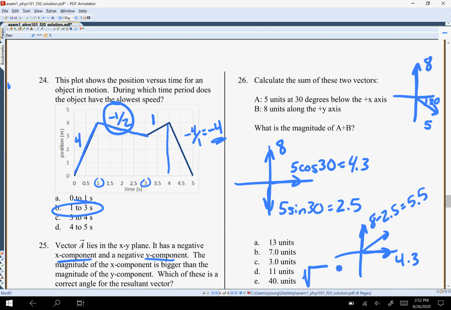I'm asking for the magnitude of it, or the square root of 5.5 squared plus 4.3 squared. And you get 6.98, or 7 units. So number 26 is B. And now 27, almost there.